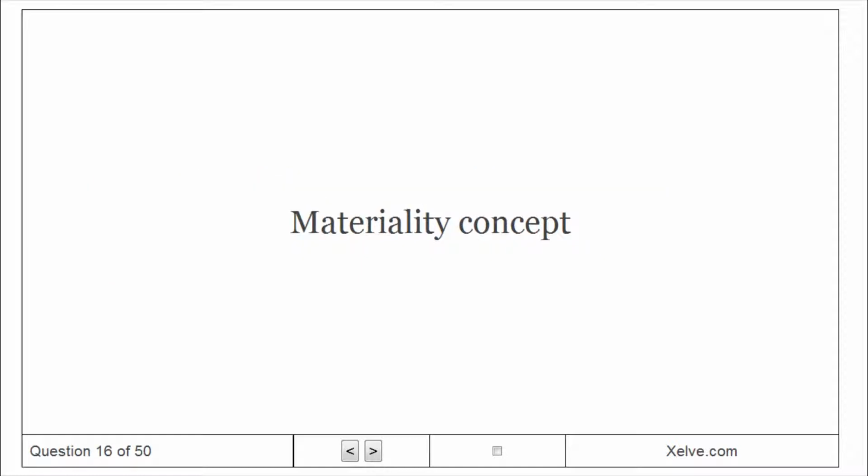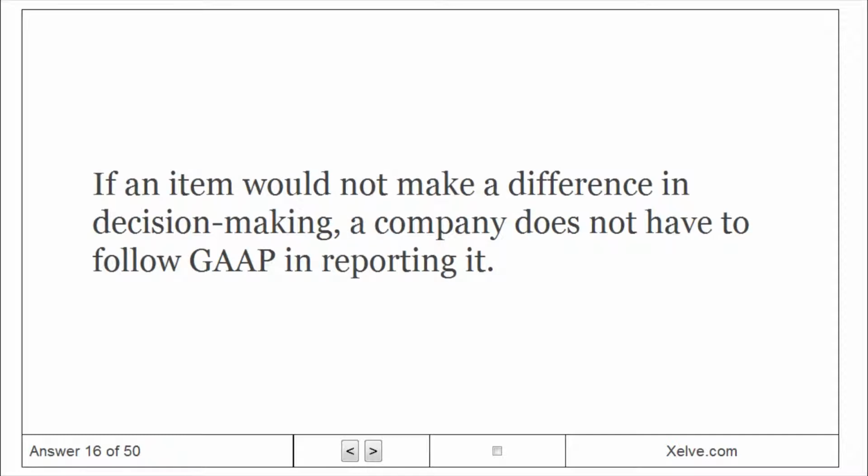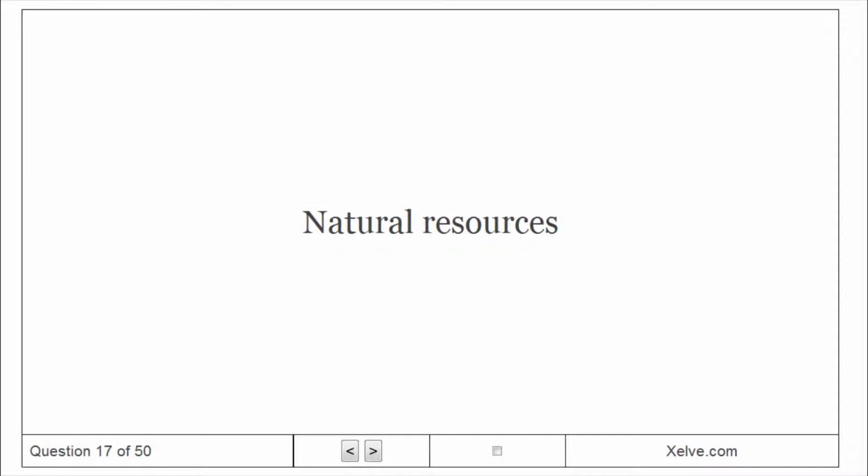Materiality concept. If an item would not make a difference in decision-making, a company does not have to follow GAAP in reporting it. Natural resources.